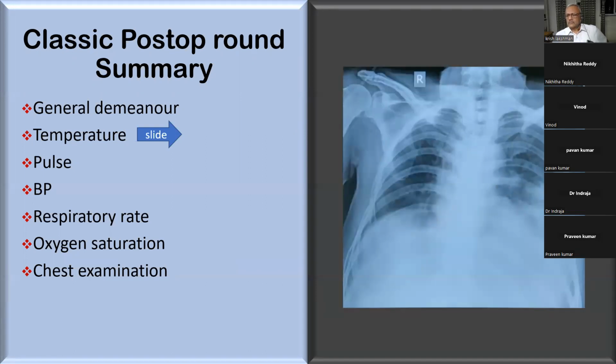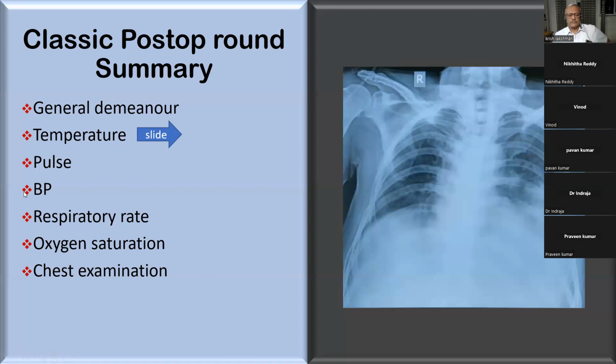I'd like a chest X-ray. Okay, read this chest X-ray. Sir, this is a patient who was on the second post-op day of a right hemicolectomy, laparoscopic assisted. Sir, this is a chest X-ray, posterior anterior view.